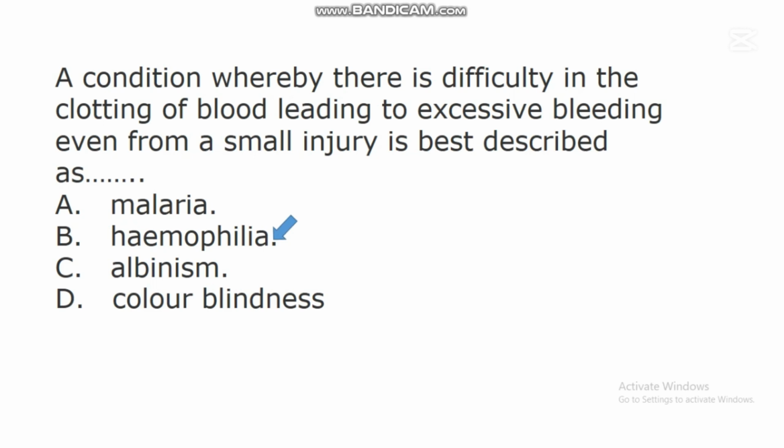So once someone is having this problem, there will be a serious issue in the clotting of blood in such a way that there will be excessive bleeding even from a small injury or cut.